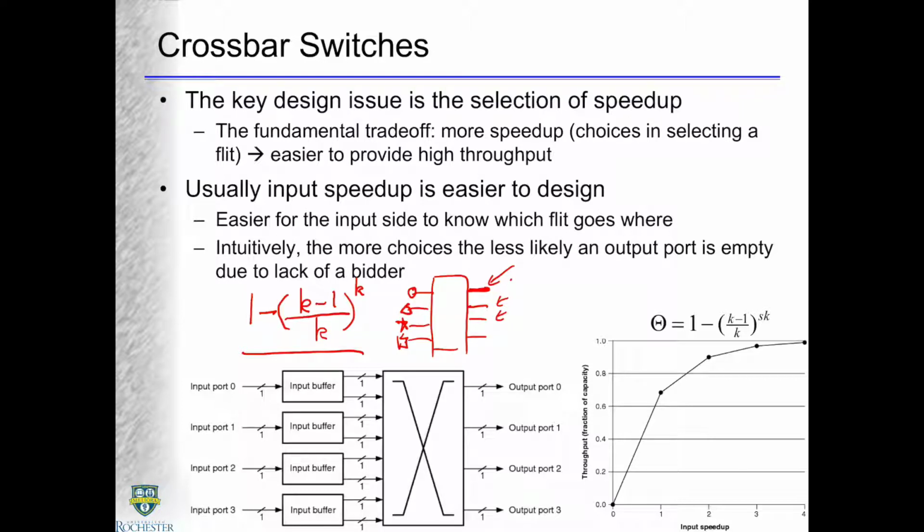And if I have input speed up, I have more possibilities to choose from, and this number is increased by s over here. So we can take a look. If I have a 4-port system and you plug in the numbers, I have a 4-port unit, about 75%.